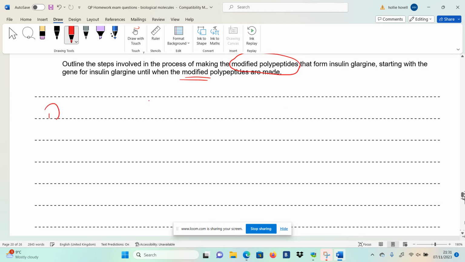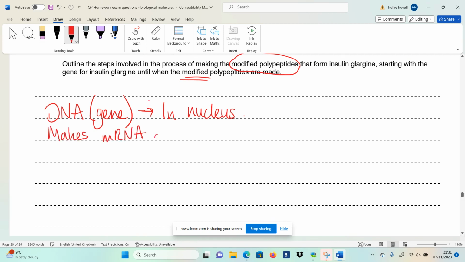So first of all, the DNA, which is obviously where the gene is, the gene's part of the DNA, starts off in the nucleus. Then you could say in the nucleus it makes an mRNA copy of the gene and name the process. So that process is called transcription.